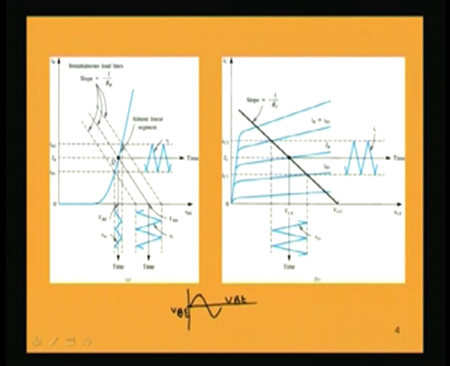Correspondingly, the DC base current is this one. When the signal is increasing, the base current will obviously increase because of more forward biasing. So, the voltage is increasing, and then when the input signal falls in the negative half cycle, the base current will also decrease below the DC value.